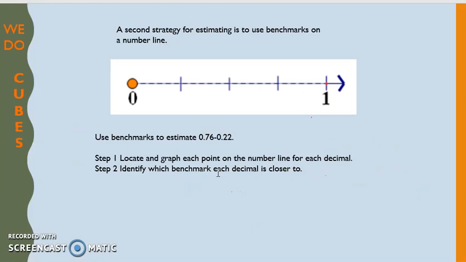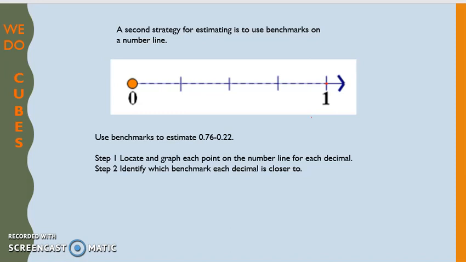Now let's do another strategy. I'm going to call this our redo. It's a strategy, so once again, you can understand it, but you don't necessarily have to use it if you do not want to. We can use benchmarks to estimate on a number line. So we're going to look at the problem 0.76 minus 0.22.